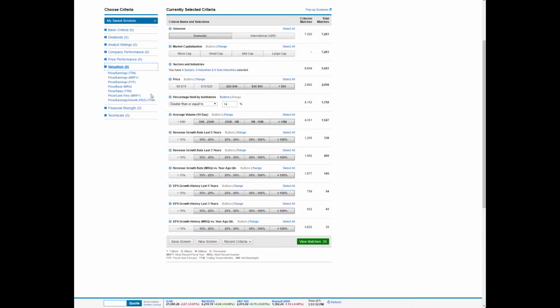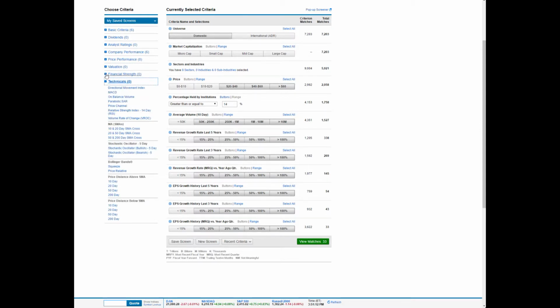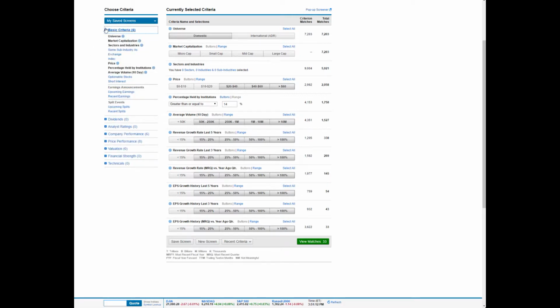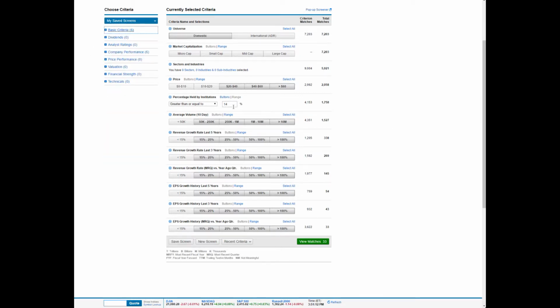Okay, it's not here. I care about return on equity, actually. Most stocks that are doing great also correlate with having a high return on equity. I don't know where that is right now. I guess I missed it, but normally return on equity, I look for over 10% at least, and then I'll view those matches.